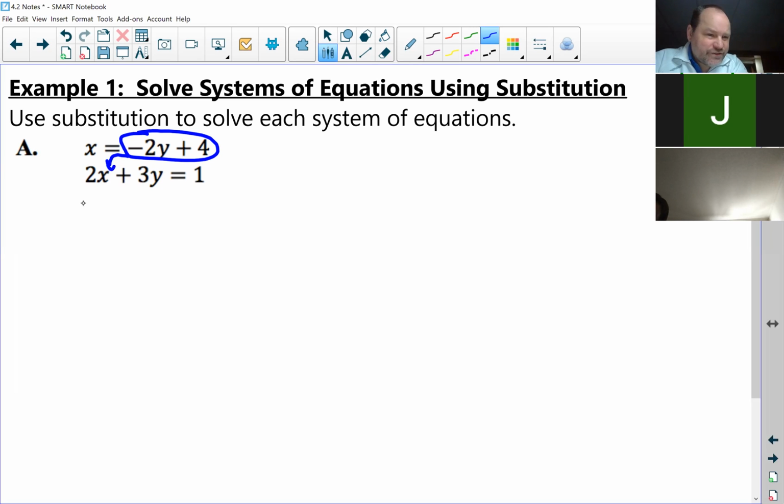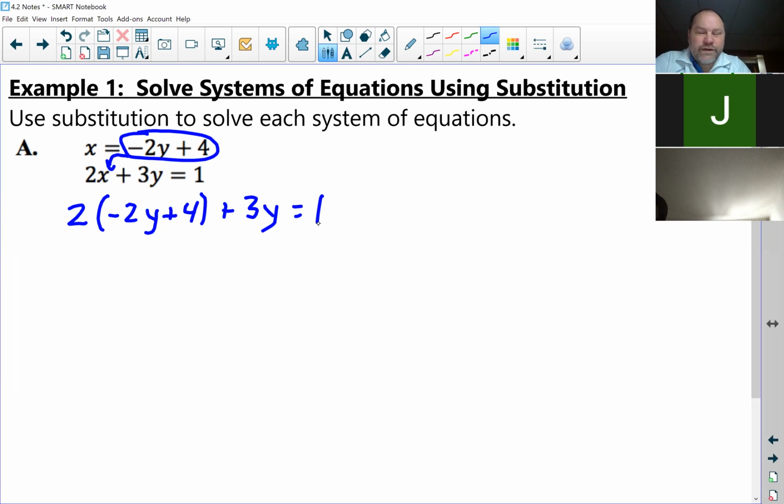So we still have this 2, but instead of x, we're going to replace that or substitute negative 2y plus 4, because we were told from that first equation that that's what x is equal to. Finish writing out the rest of the second equation, plus 3y equals 1.